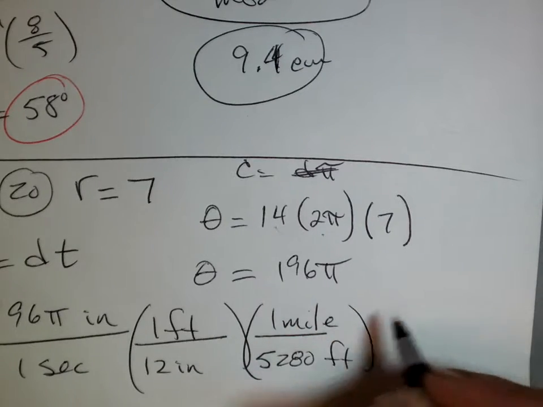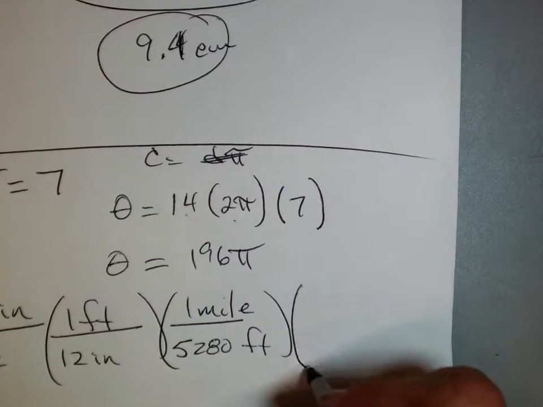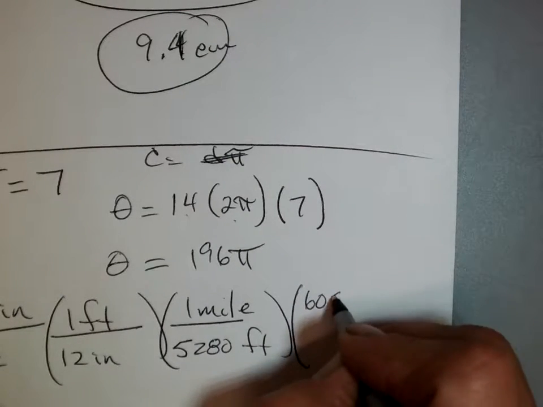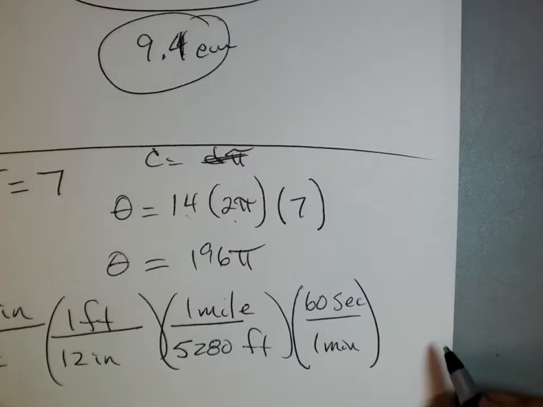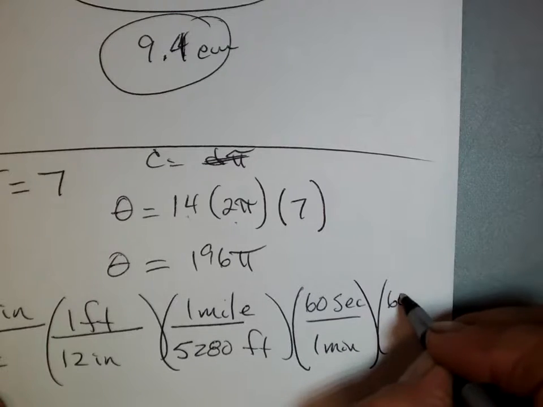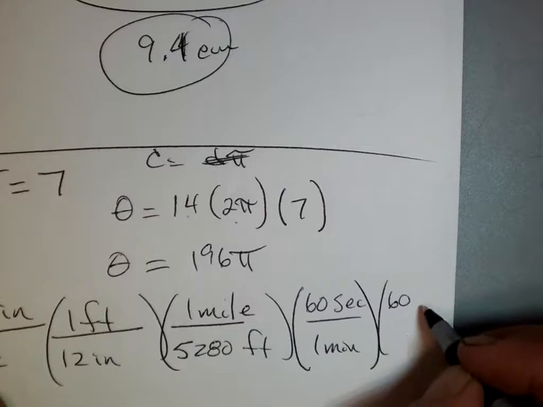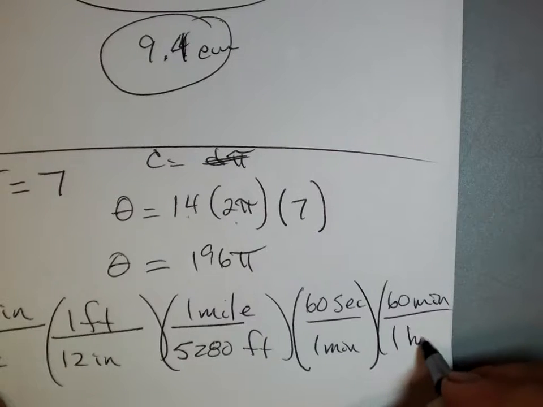Okay, now I got miles per second, but I got to do miles per hour. So then I'm going to multiply it by 60 seconds in 1 minute. And then I got to get to miles per hour, so there are 60 minutes in 1 hour.